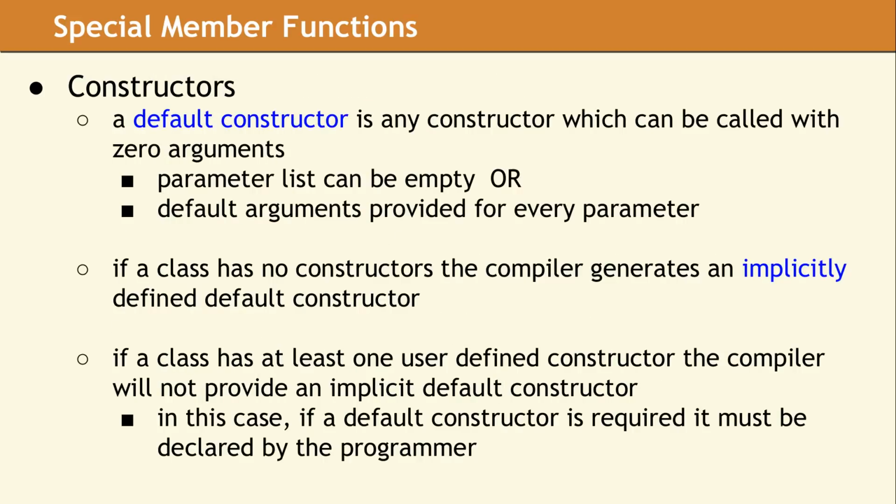A default constructor is one which is called when an object is initialized with no arguments. It must be able to receive an empty argument list, either because its parameter list is empty or every parameter has a default argument. The default constructor is a special member function, since one will be provided by the compiler if you do not declare any constructors in your class.